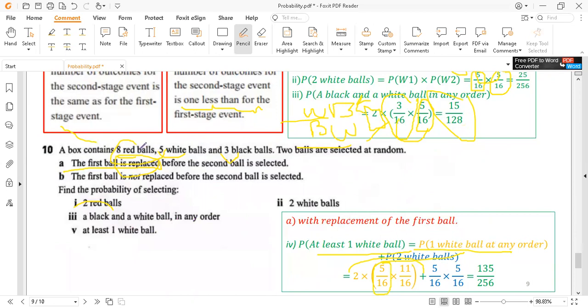Not white could be red or black, so in total 8 plus 3, it is 11 from 16. And we multiply it by 2 because we have any order. And 2 white balls we have already calculated.